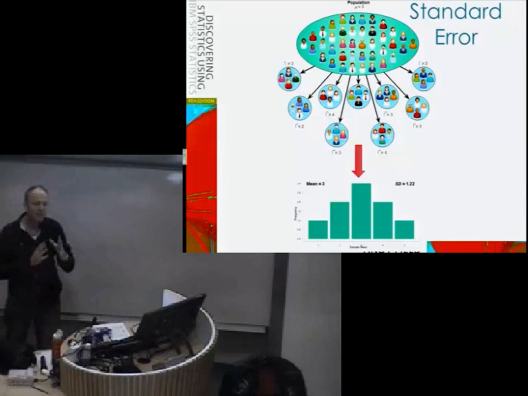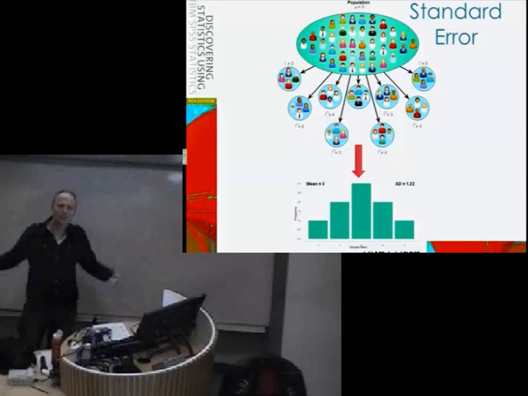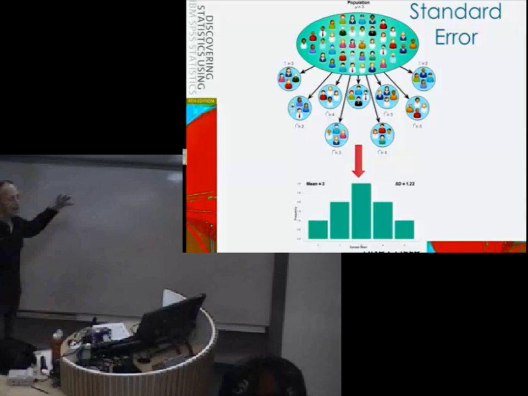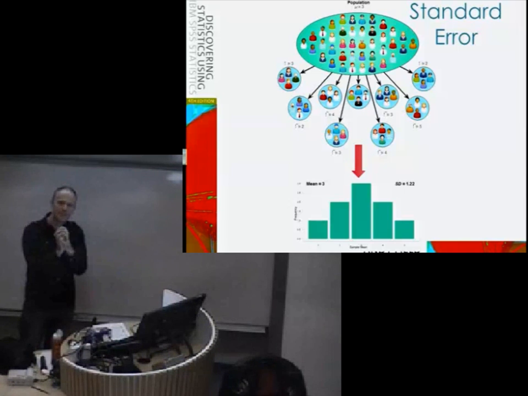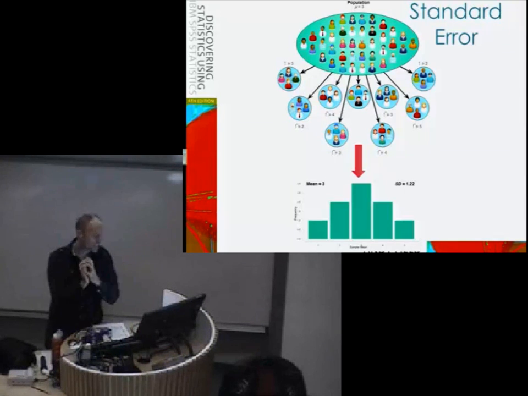So if the standard error is big, it means that your sample estimates are very spread out. In other words, it's quite likely that you could have a sample that happens to give you an estimate really different from what's going on in the population. If you have a small standard error, it means that all your sample estimates, hypothetically speaking, are compacted around the actual value in the population.